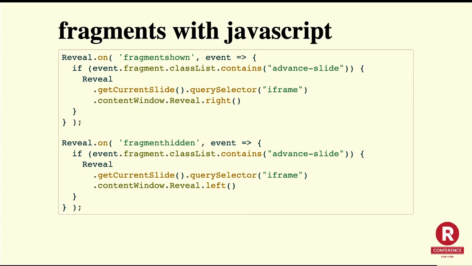So when I hide it, if I go back and forth, the slides inside work with me. And you can do more fun things with this. It's a way of hiding things, but you can also trigger custom animations in JavaScript. So when you click, something unfolds. You can do a lot of things. Things that you might not be able to do with CSS, you can do with JavaScript.